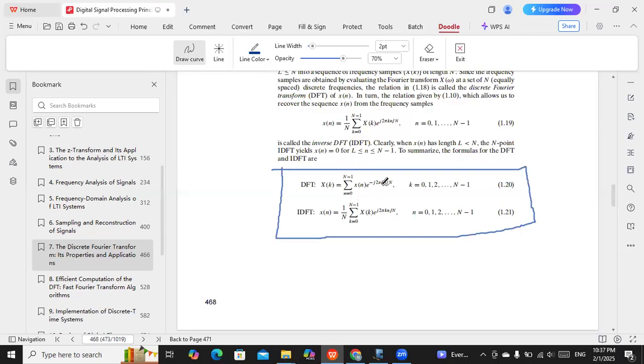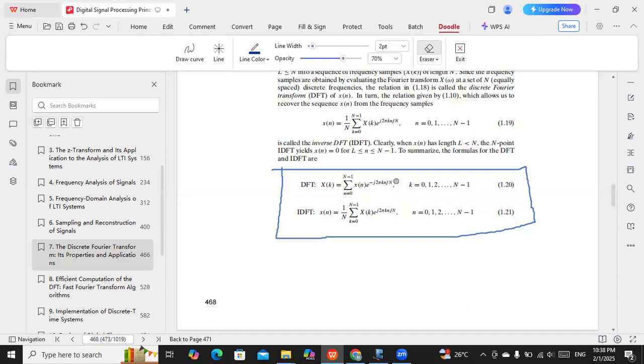Here you can see that if you have the x[n] time sequence signal, then it should be multiplied by e to the power minus j2πkn divided by N. This N is again the period, or maybe the number of terms.